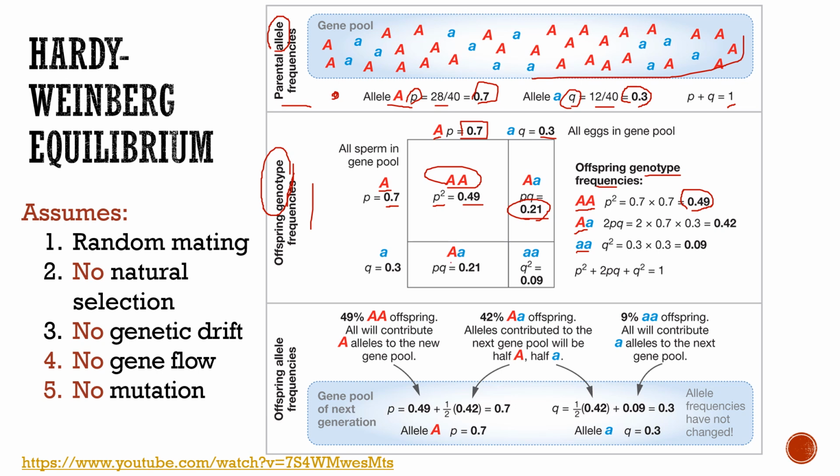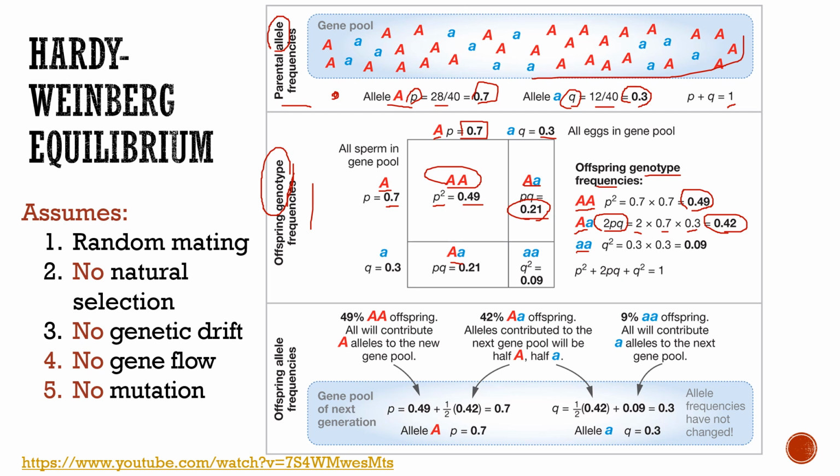Well, that happens twice. So the heterozygous combination is possible twice here. We get the frequency of the heterozygous by taking 2 times P times Q. In this case, 2 times 0.7 times 0.3 gives us 0.42. So there's a 42% chance of having the heterozygous.